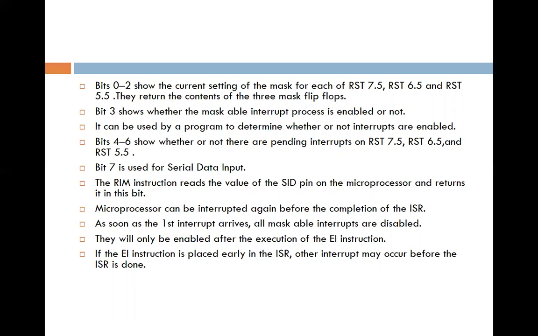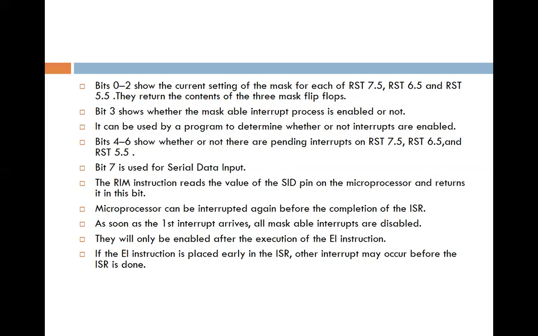It can be used by a program to determine whether or not interrupts are enabled. Bits 4 to 6 show whether or not there are pending interrupts on RST 7.5, 6.5 and 5.5. Bit 7 is used for serial data input. The RIM instruction reads the value of the SID pin on the microprocessor and returns it in this bit.